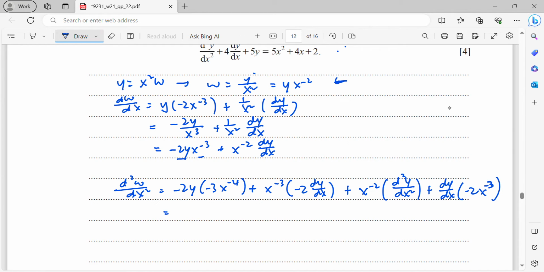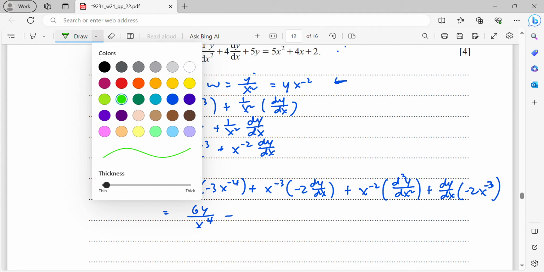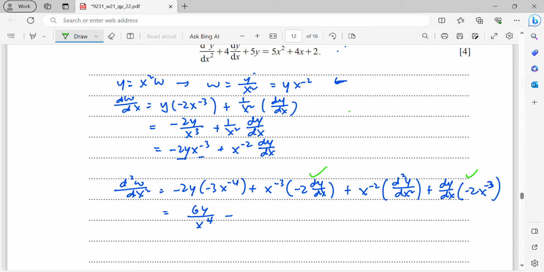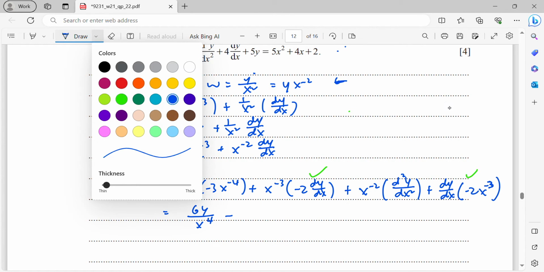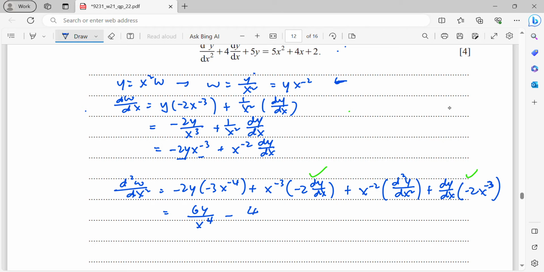Okay, so from here, simplify, you will get 6y over x to the power 4. Now when you check, the second and fourth term are the same. So I will combine both. So it will be minus 4 over x cubed dy over dx. Then the last term, third term, will be 1 over x squared d squared y over dx squared.